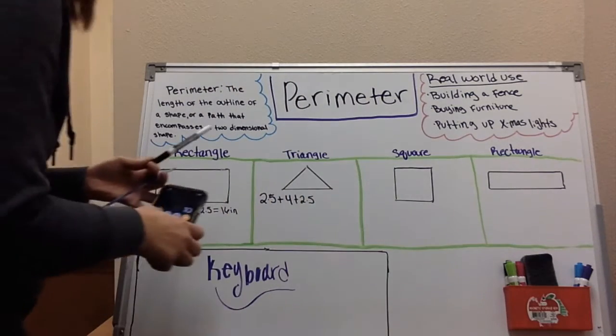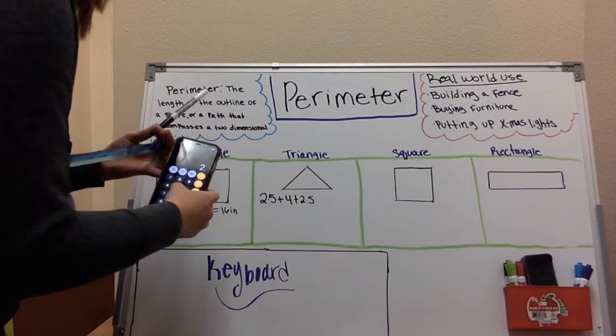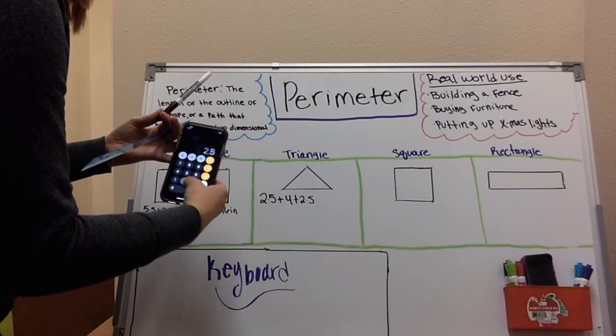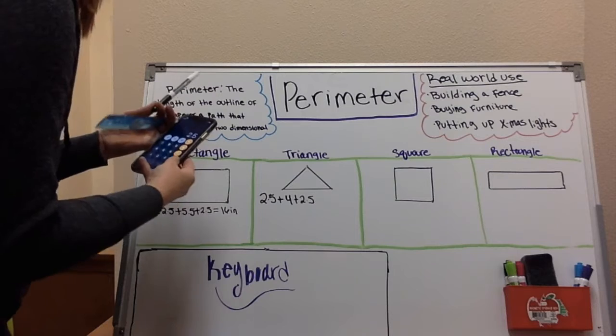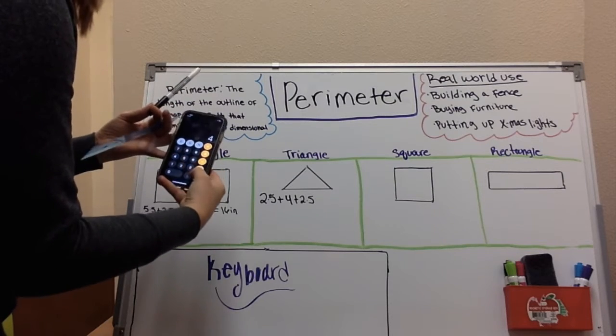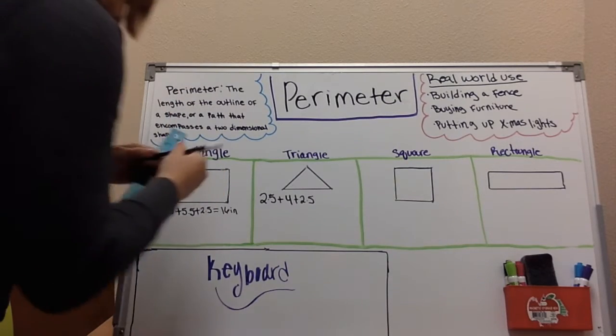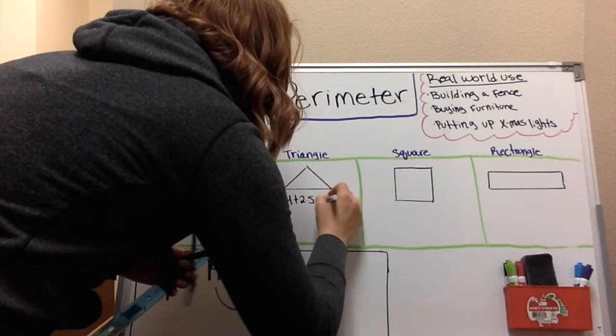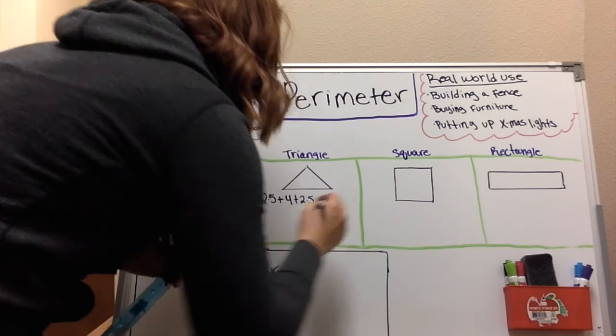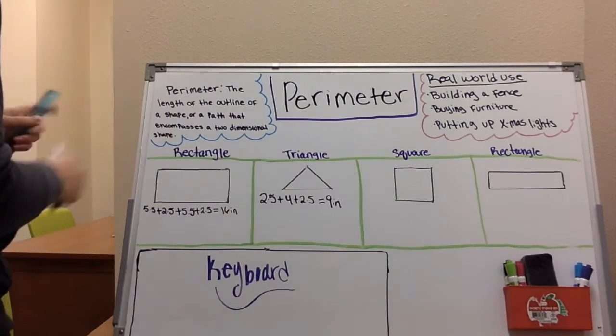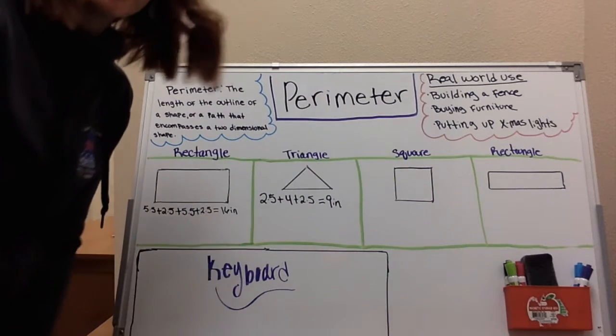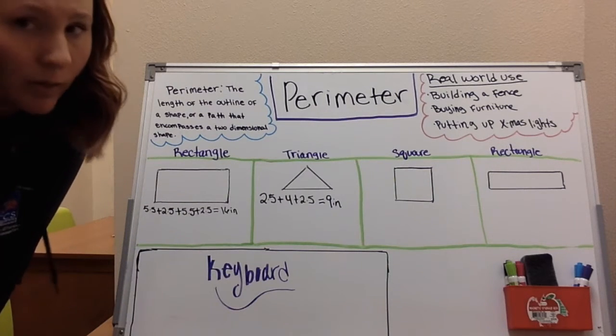We'll use our calculator just to be sure. 2.5 plus 2.5 plus 4 equals 9 inches. And you can use the yarn again if you need to visualize the length of it.